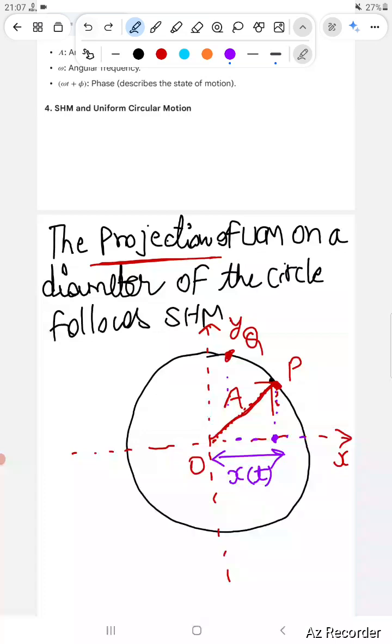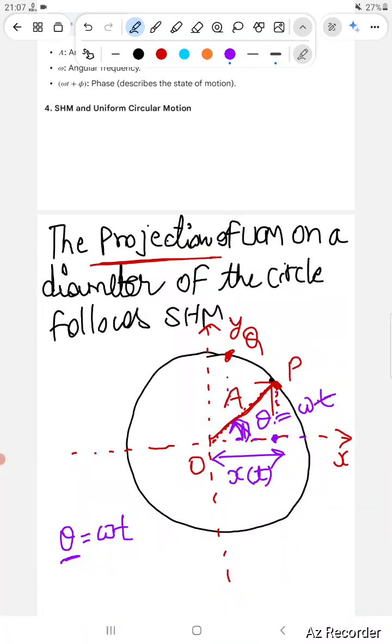Dear students, if this is theta angle, and let us suppose this is theta, and sir, you have already taught us that angle is equal to arc upon radius. Distance is equal to speed into time. Theta is equal to omega into t. So I can write in place of theta as omega t.